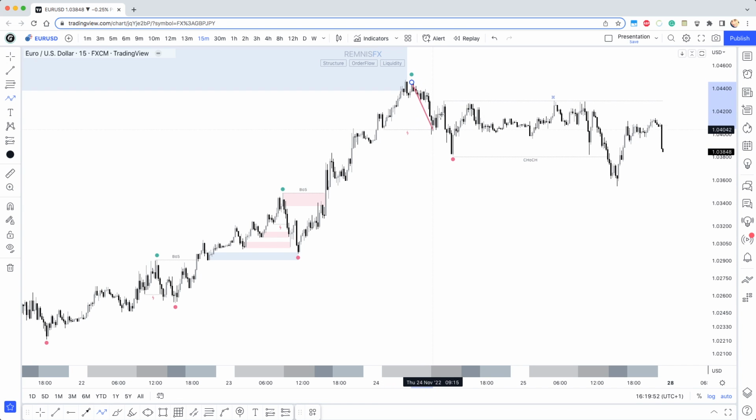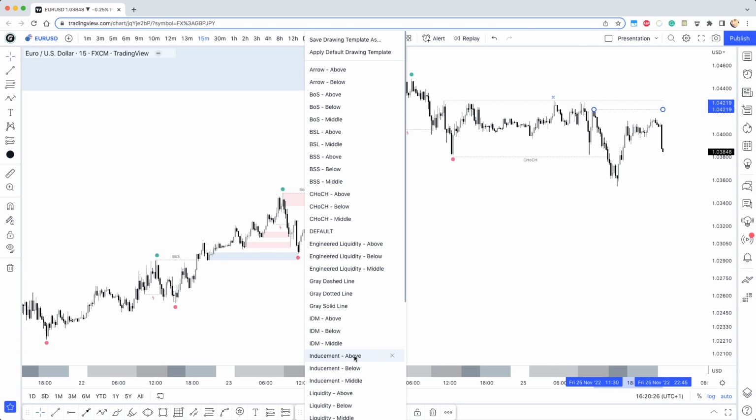This was your first pullback between your high and low. And let me also mark here, this could be your liquidity, your inducement. Both are liquidity indeed, your inducement and your engineered liquidity.